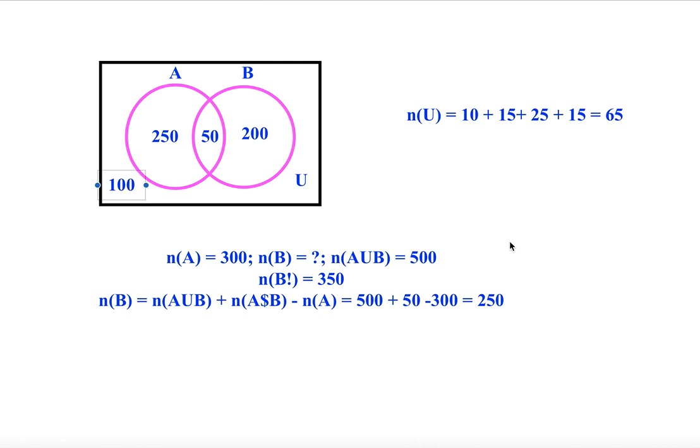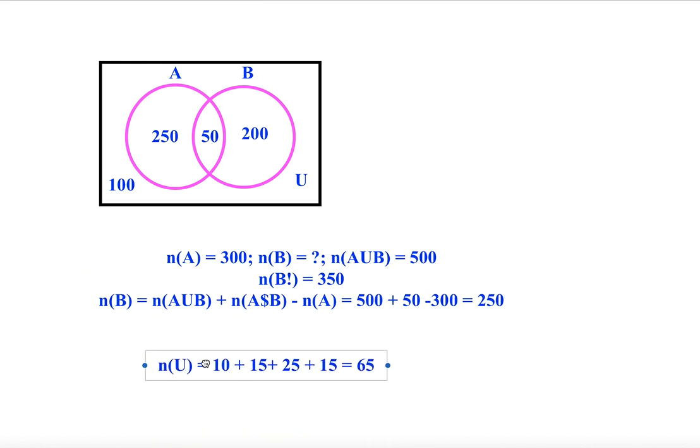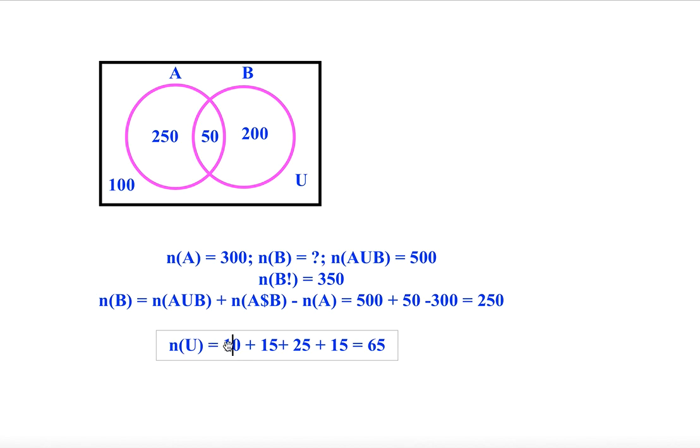Okay. If I need to formulate what I have to write here in N of U formula, I have to write N of A union B plus N of A. Is that correct?